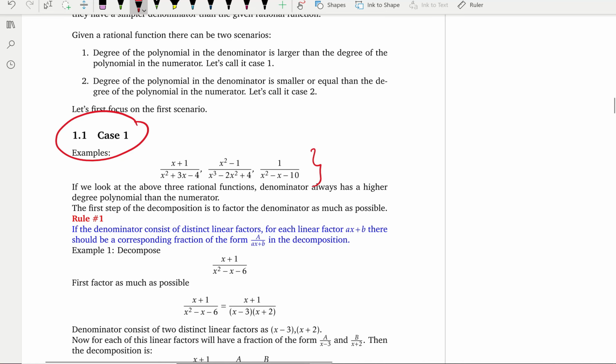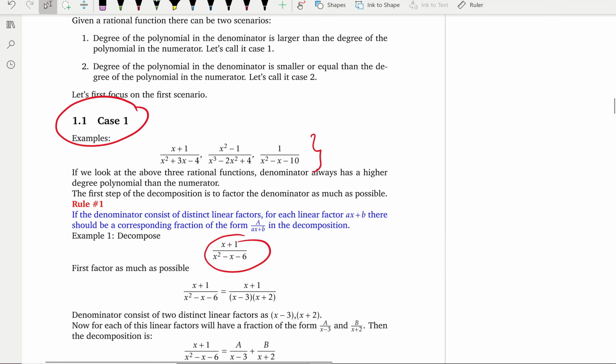Alright, so let's start. Now where do we start? The very first thing that you do is when a fraction is given to you, factor the denominator as much as possible, okay? Let's say you factor the fraction and you get distinct linear factors, like, in a general sense, ax plus b, where a and b are some numbers, and cx plus d.